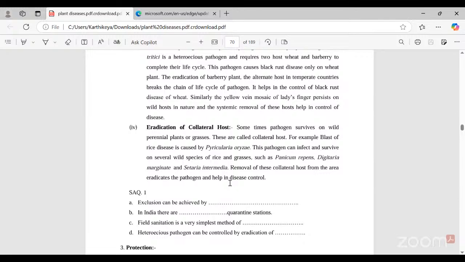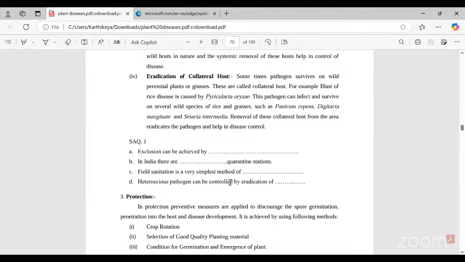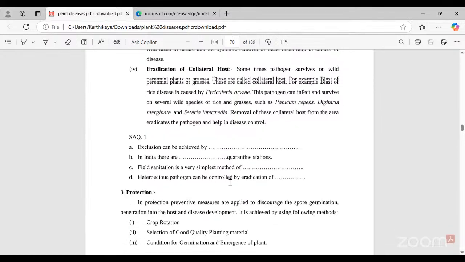This pathogen can infect and survive on several wild species of rice and grasses, such as Panicum repens, Digitaria marginata, and Setaria intermedia. The removal of these collateral hosts from the area eradicates the pathogen and helps in disease control.